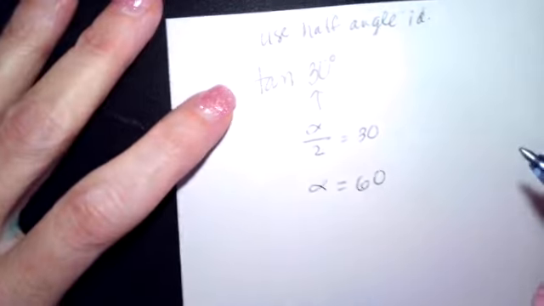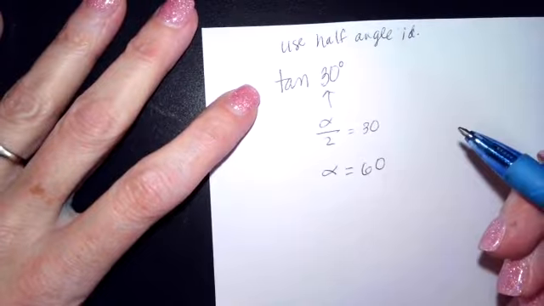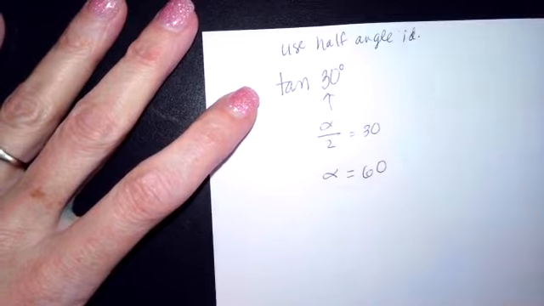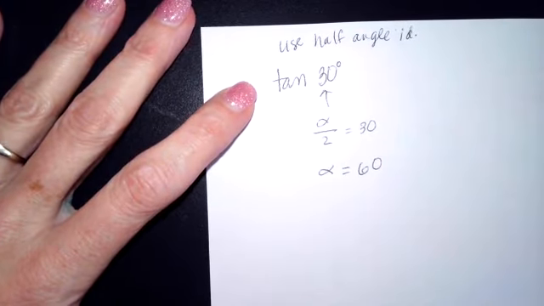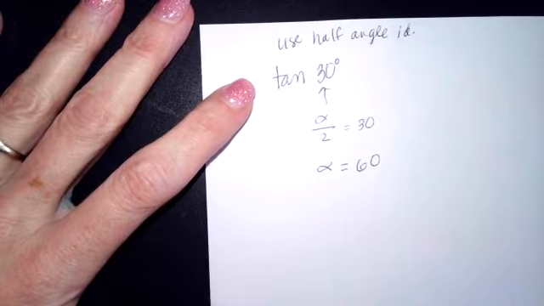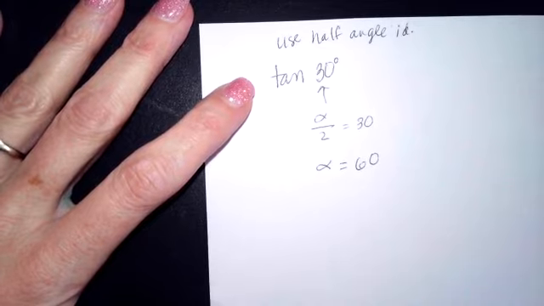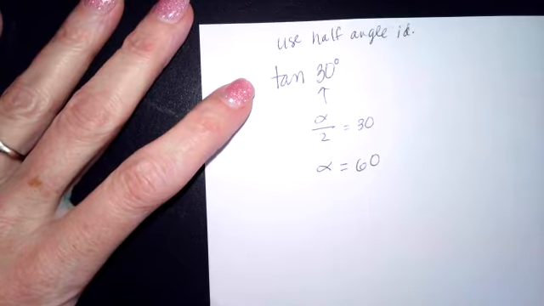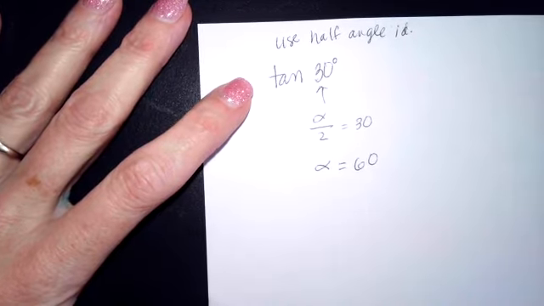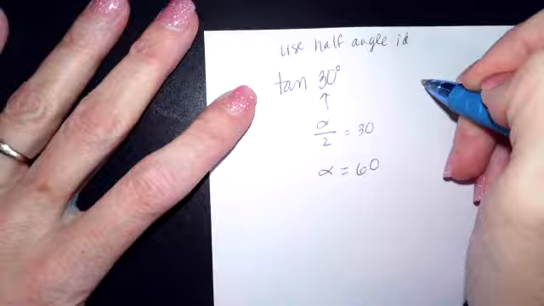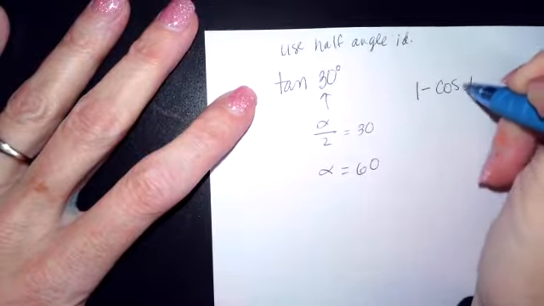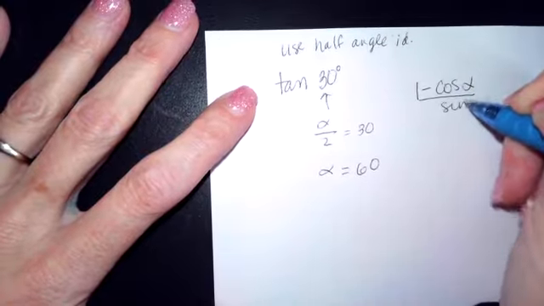And then for tangent, we have 3 different half angle identities we can use. We've got the square root of 1 minus cosine alpha over 1 plus cosine alpha, 1 minus cosine alpha over sine alpha, or sine alpha over 1 plus cosine alpha. I am loving the 1 minus cosine alpha over sine alpha.